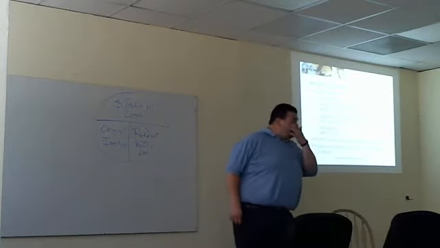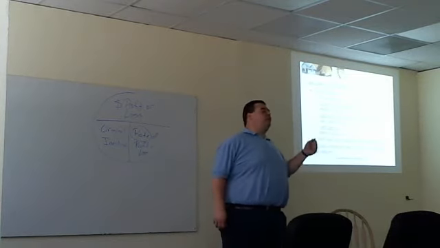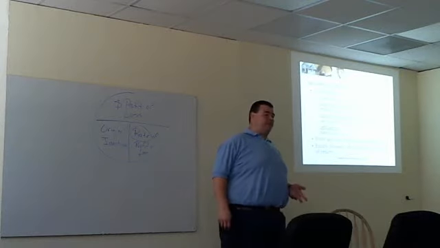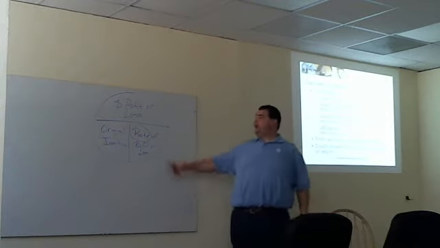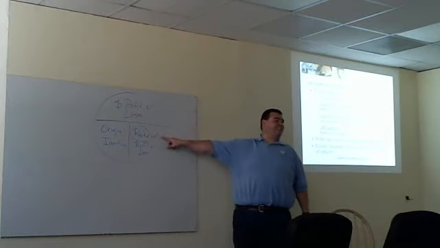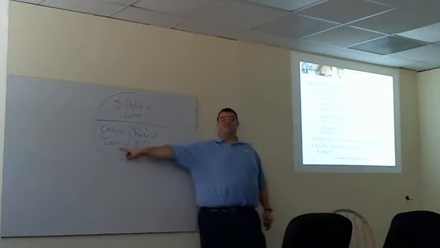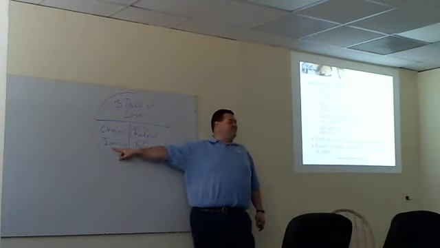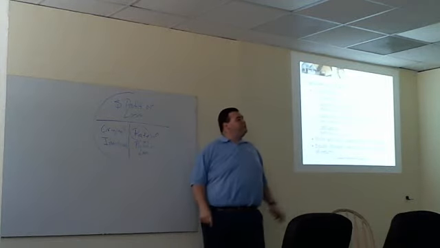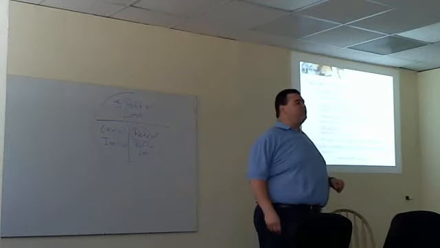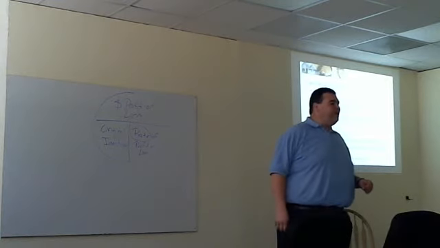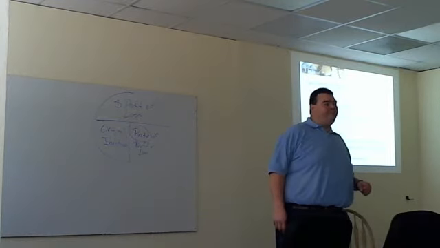So if they ask you, what's your rate of return on equity? What they're asking you is, what's your rate of profit on your investment? Because if I'm taking out a loan, my investment's not the purchase price. My investment's my down payment.